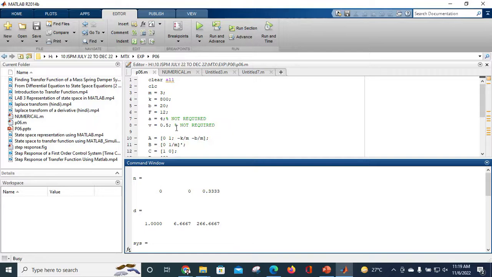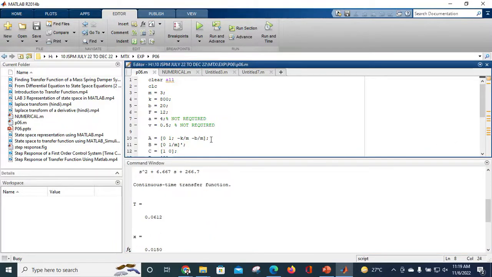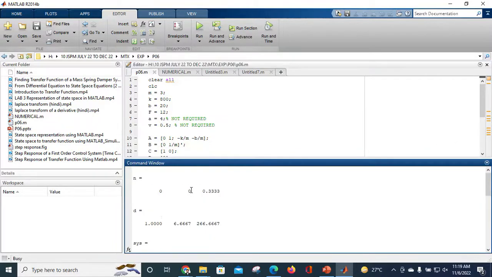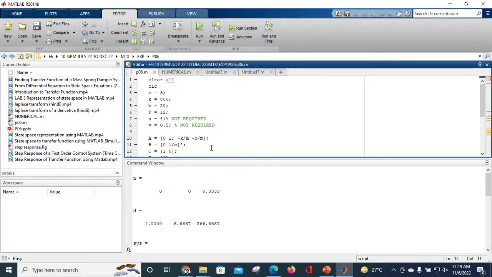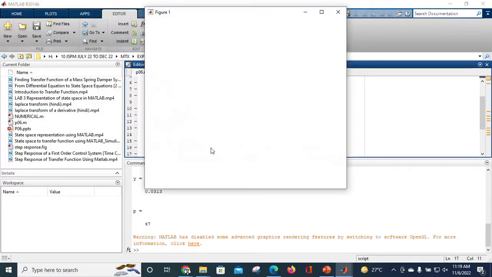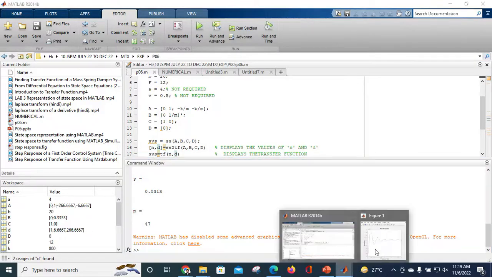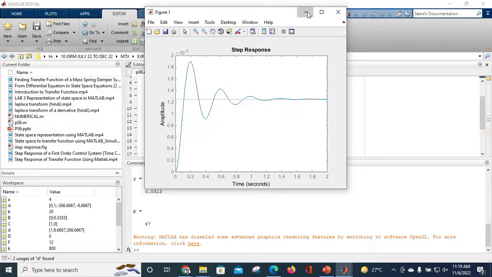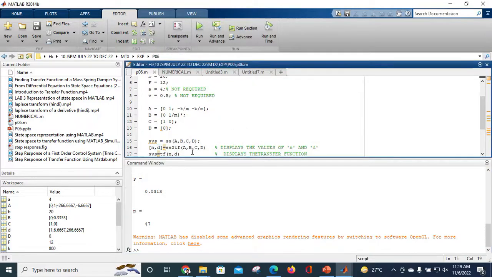Now see what statements we made in the code. This is the output. Here n is the numerator.